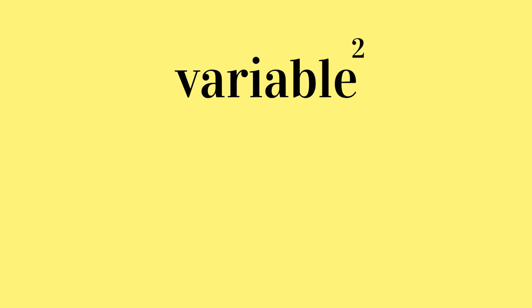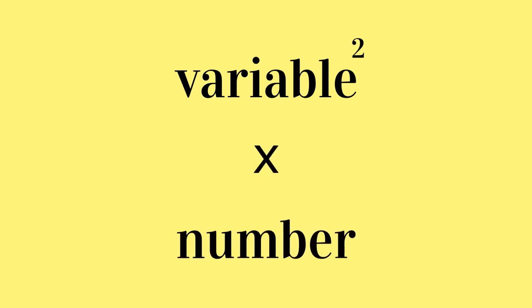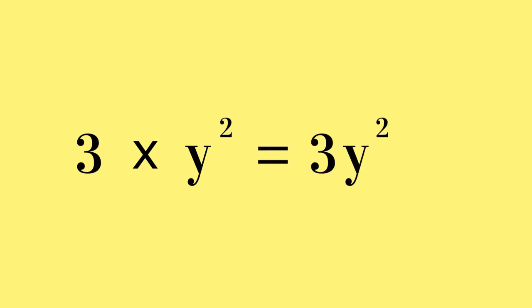Variables with powers can also be multiplied by numbers, such as 3 multiplied by y squared. Again, when multiplying in algebra, we leave out the multiplication sign and write 3y squared.